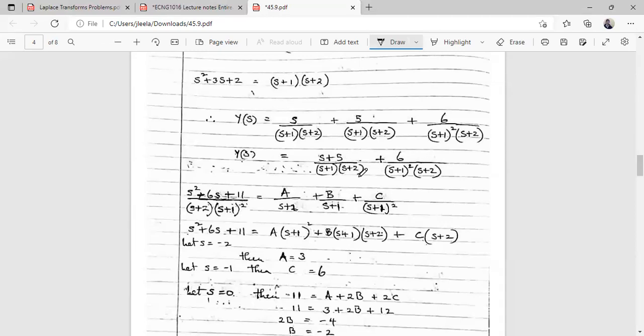And then we use the partial fraction breakdown, A over s plus 2 plus B over s plus 1 plus C over s plus 1 squared.